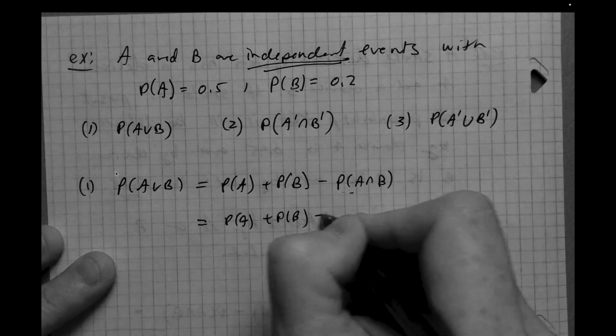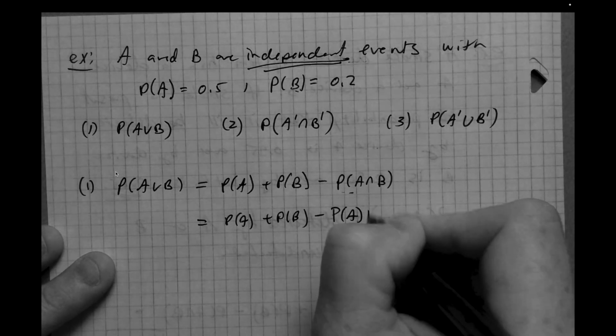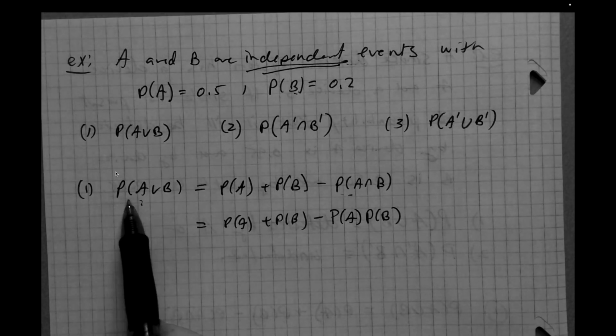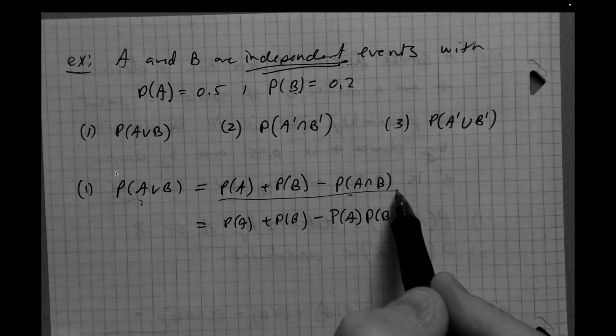So this would be minus the probability of A times the probability of B. The additive law gets you this part.